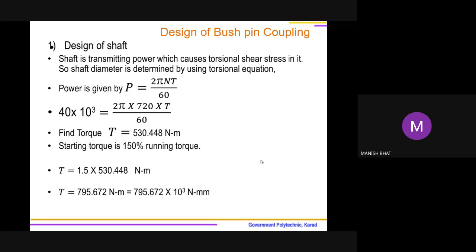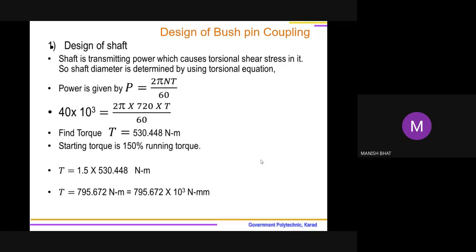So we are supposed to consider maximum torque, right? It should not happen that while running it is safe, but at starting it will fail. Always there would be failure of our coupling whenever the motor starts. It should not happen. We are supposed to design for that torque which is maximum. So starting torque is taken to be 1.5 times greater.